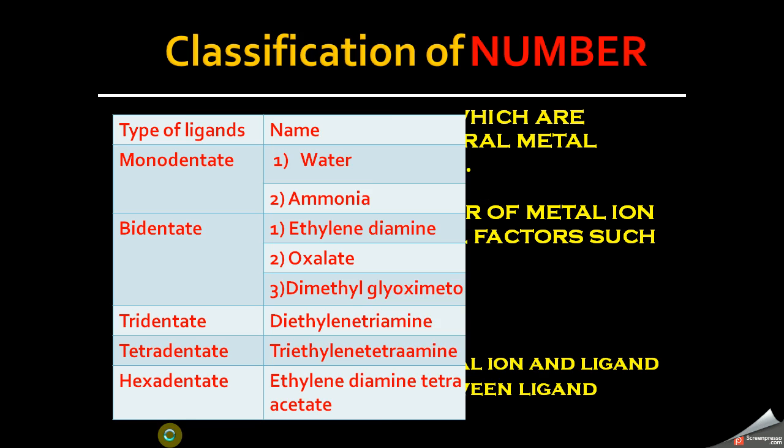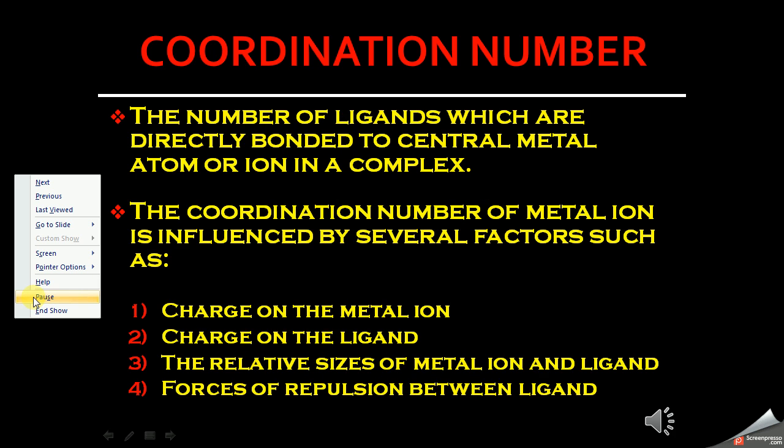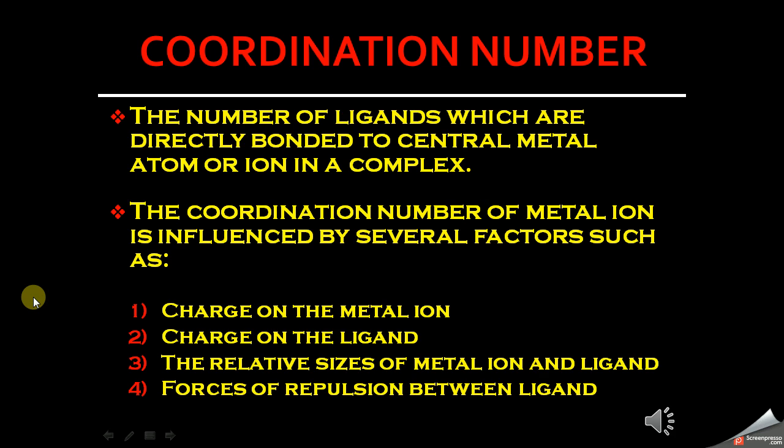Then next is coordination number. The number of ligands which are directly bonded to the central metal atom or ion in a complex is called the coordination number. It is shortly denoted by CN.